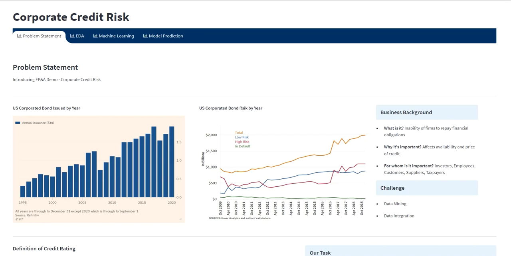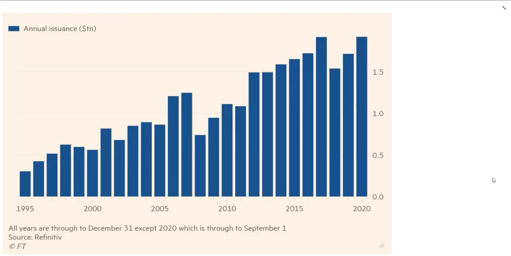Here is some business context for this demo. The first part is the US corporate bond market, which has tripled its value over the past decades, especially after the Federal Reserve dropped the interest rate during the COVID time. Its market value is now over $1.5 trillion.